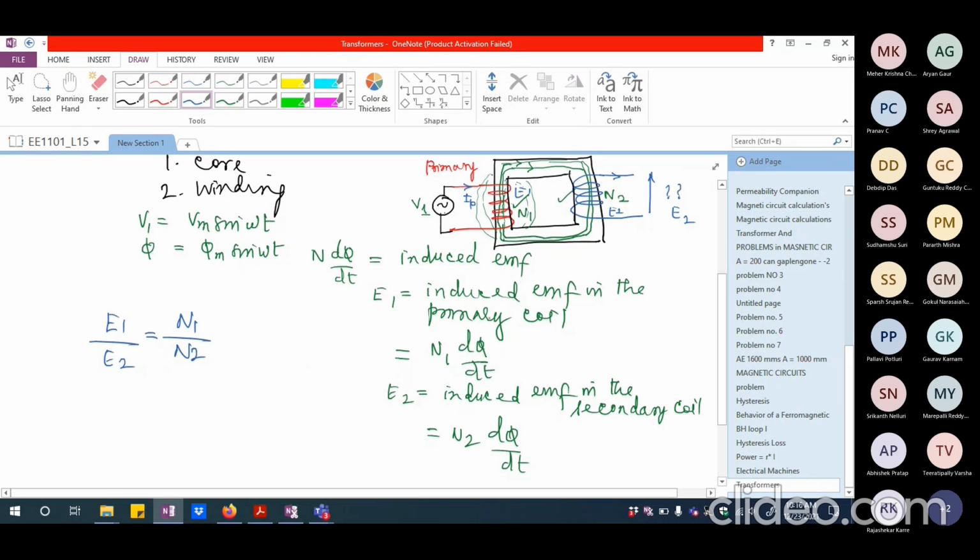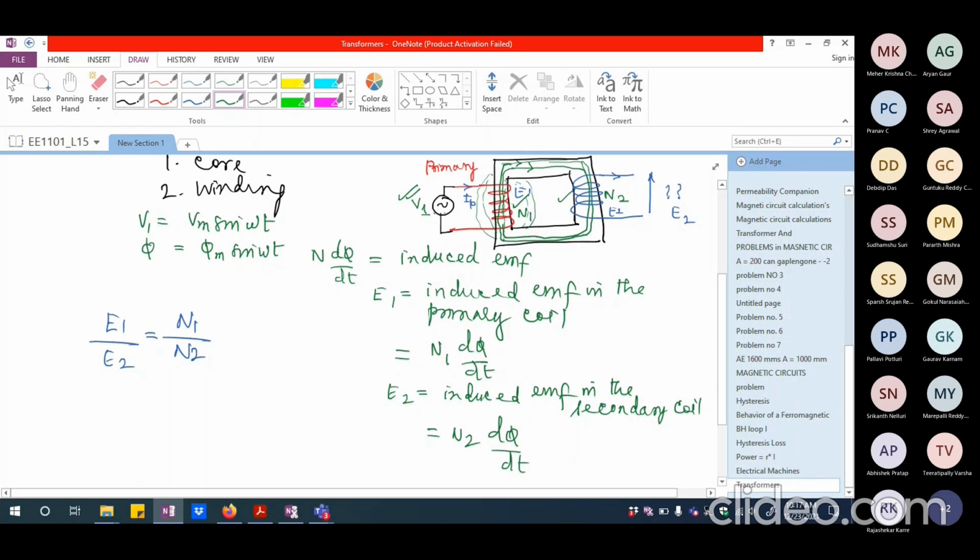The transformer action is because of the flux originally created in the core of the transformer. The core gets a flux because of the primary carrying a current. The primary coil carries a current because I have applied a voltage to the primary.